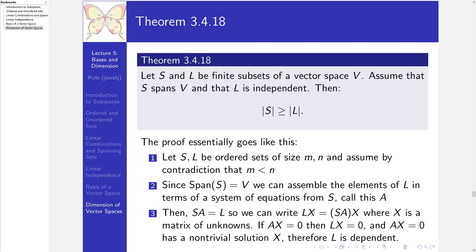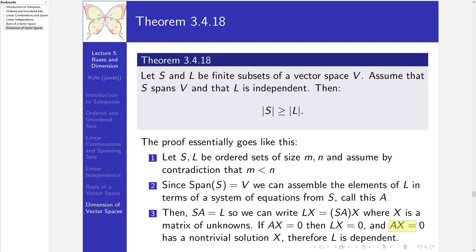Then we can write this as Lx is equal to SAx. So x is just a matrix of unknowns. And if Ax is equal to 0, then Lx will also be equal to 0.